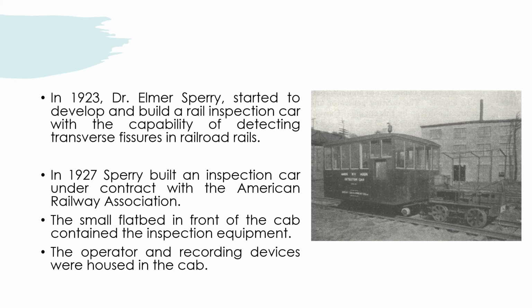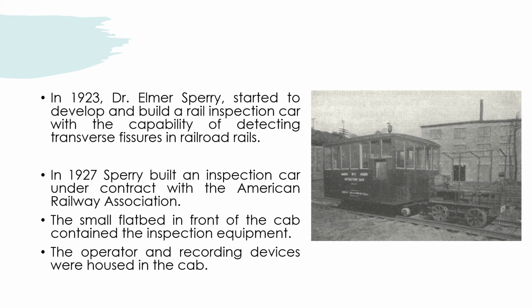In 1923, Dr. Elmer Sperry started to develop and build a rail inspection car with the capability of detecting the transverse fissures in railroad rail. In 1927, Sperry built an inspection car under the contract with the American Railway Association.